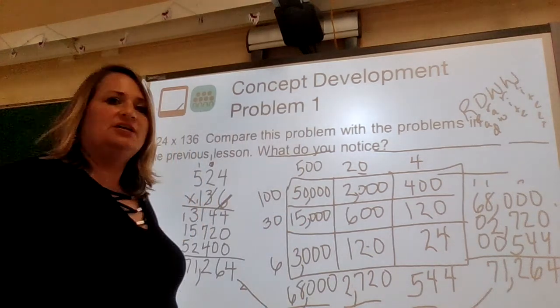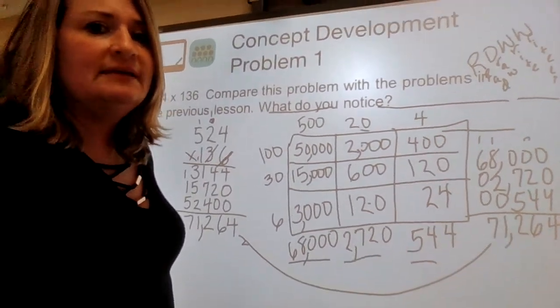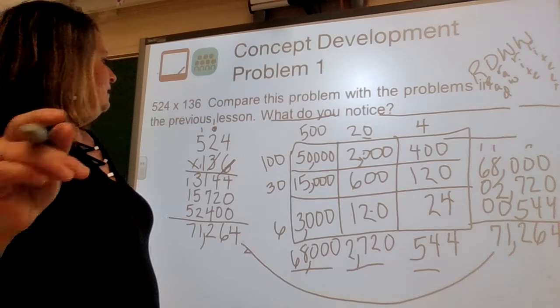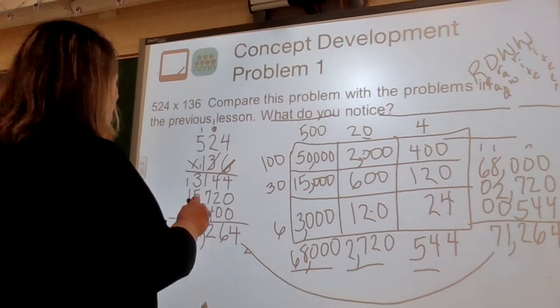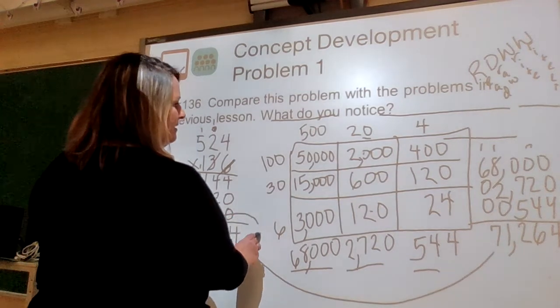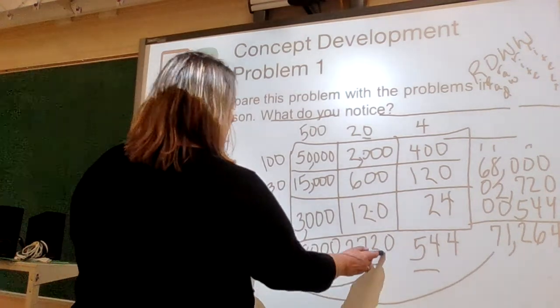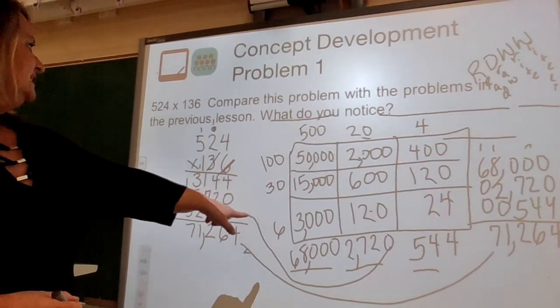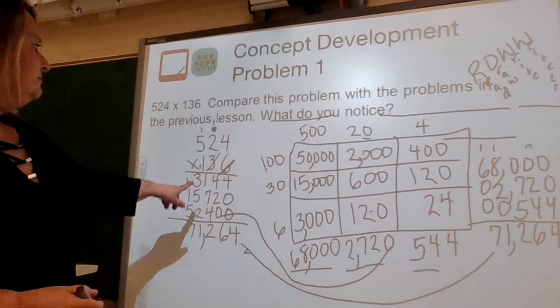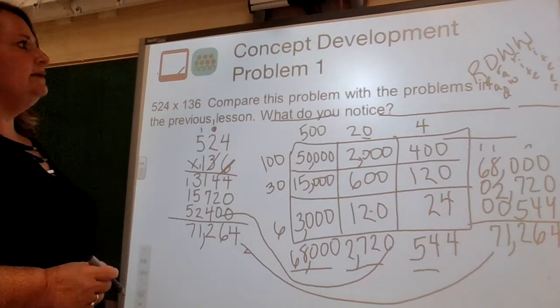Look at my products. Look how they're matching up, guys. See that? Also, look at this, how this is matching up. I have 2,400. And it would match up if you add these together, okay? That the partial products would match up that way.